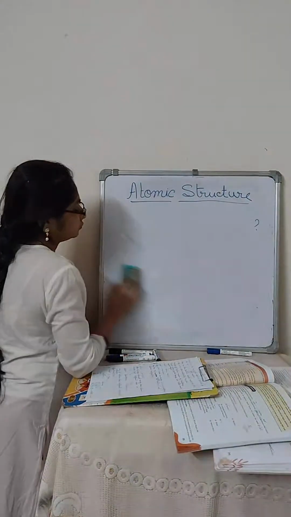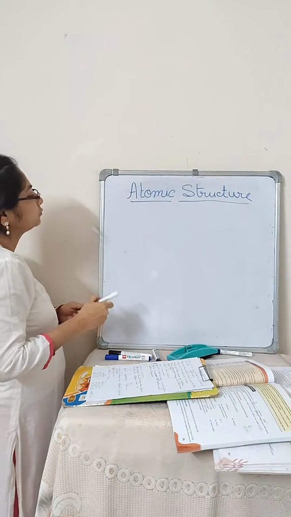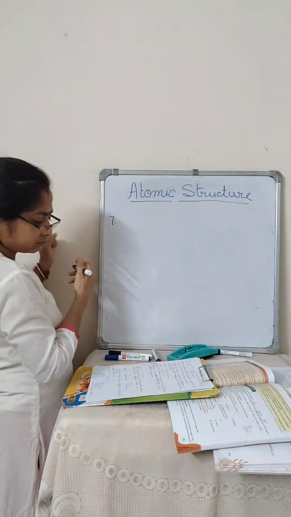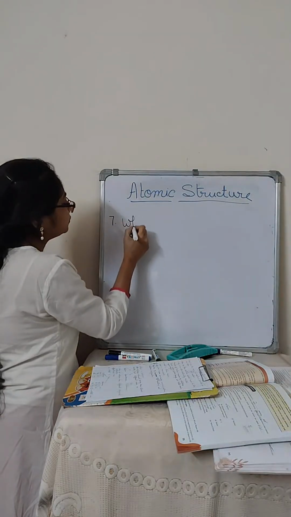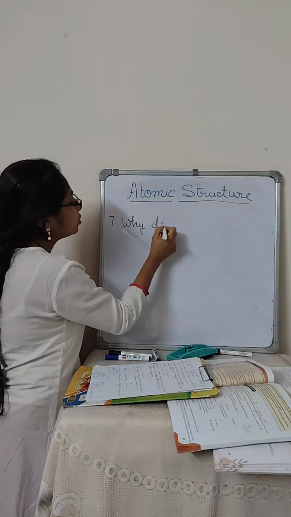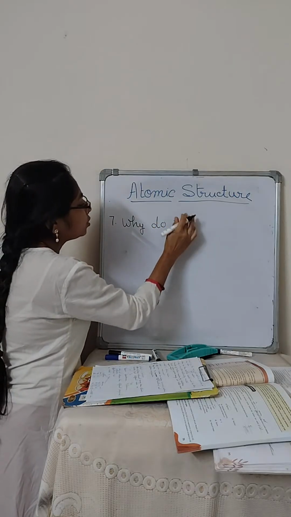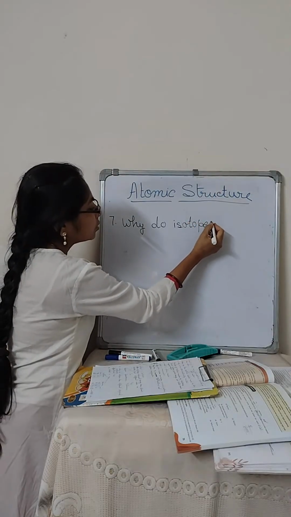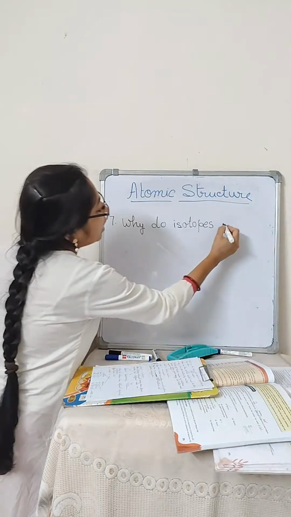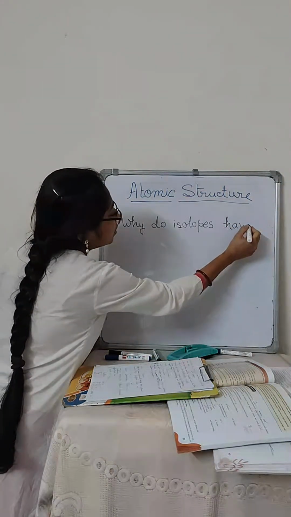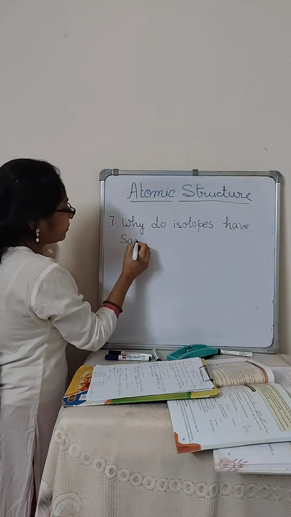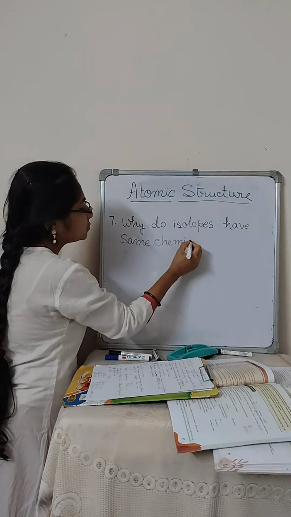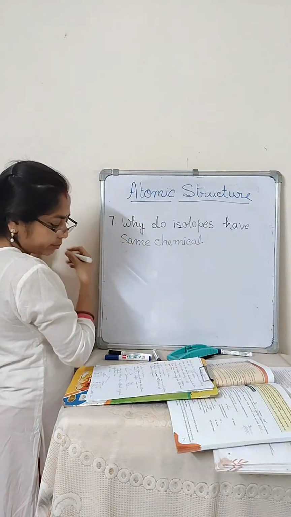Number 7. Isotopes have the same chemical properties.